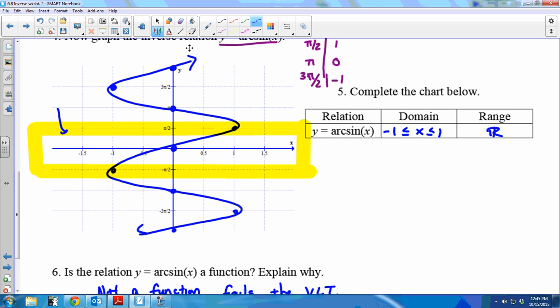Again, this part is just capital A arc sine. That's going to be important tomorrow when we're learning target 18.